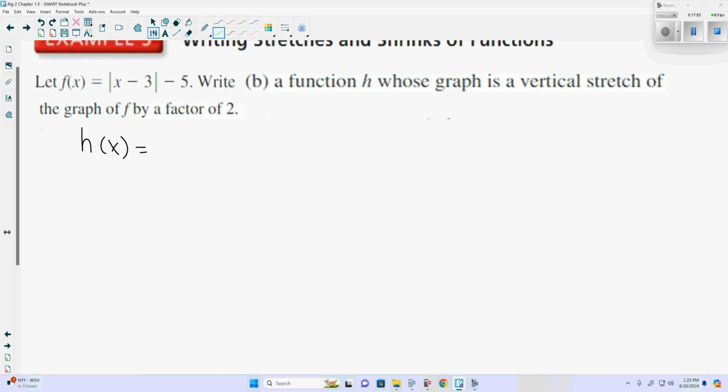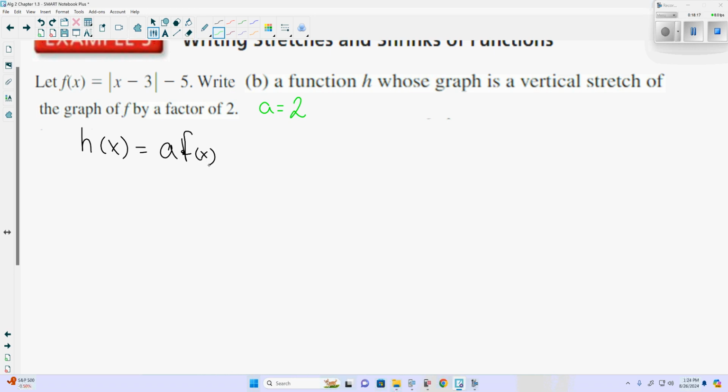So what's our value of a? A is 2. It's the amount we're stretching it vertically, or shrinking it vertically. Vertical stretch or shrink is exactly what it is. A is 2. Our general form for this is a times f of x.